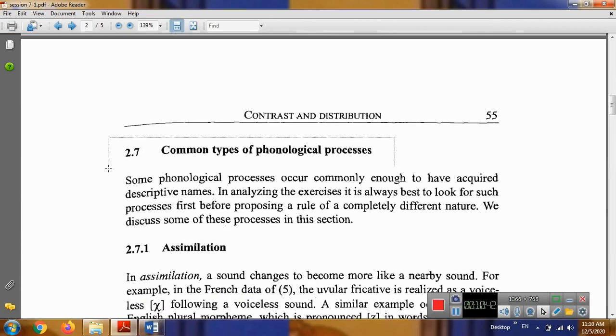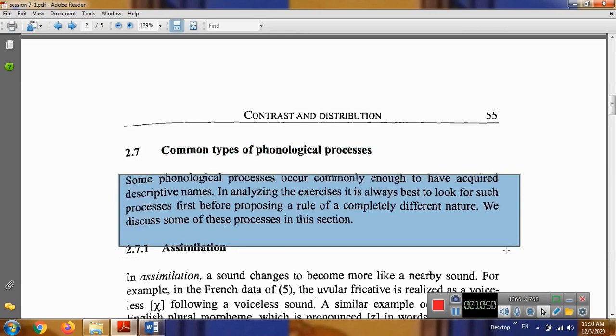Other common types of phonological processes. Here I want to explain the phonological processes. Some phonological processes occur commonly enough to have acquired descriptive names. In analyzing the exercises, it is always best to look for such processes first before proposing a rule of a completely different nature.